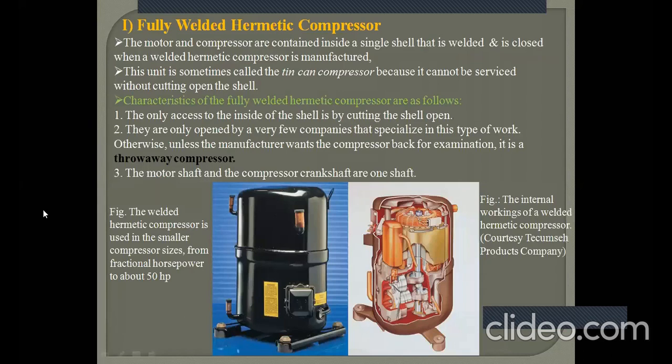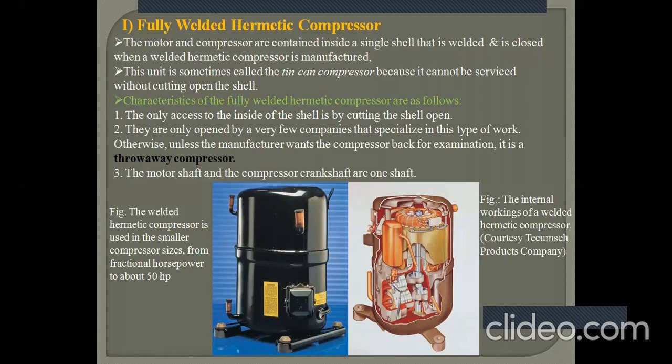I think everybody has seen this type of hermetic sealed compressor at home also, which is used in a domestic refrigerator. In a fully welded hermetic compressor, the motor and compressor are contained inside a single shell that is welded and closed when the compressor is manufactured.